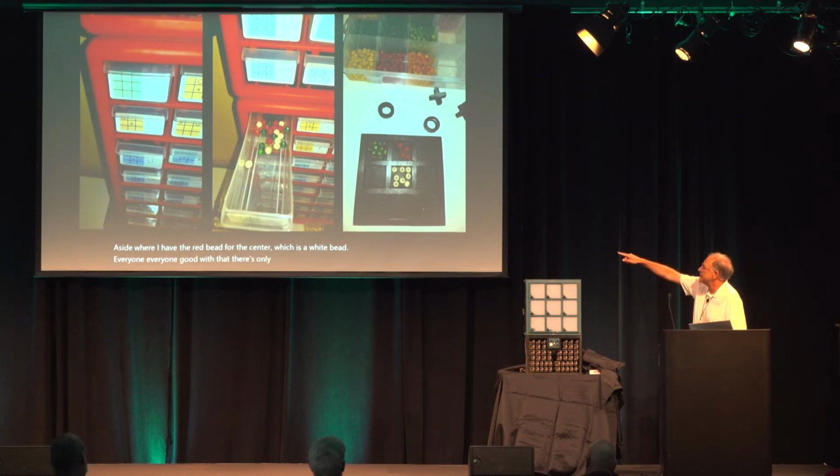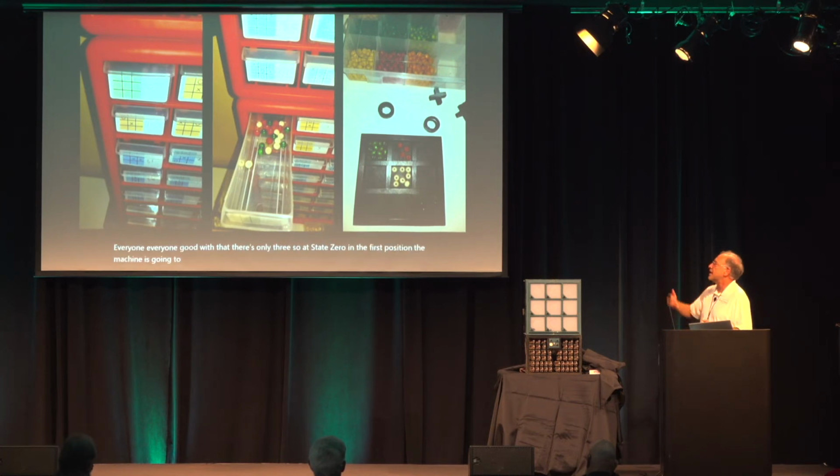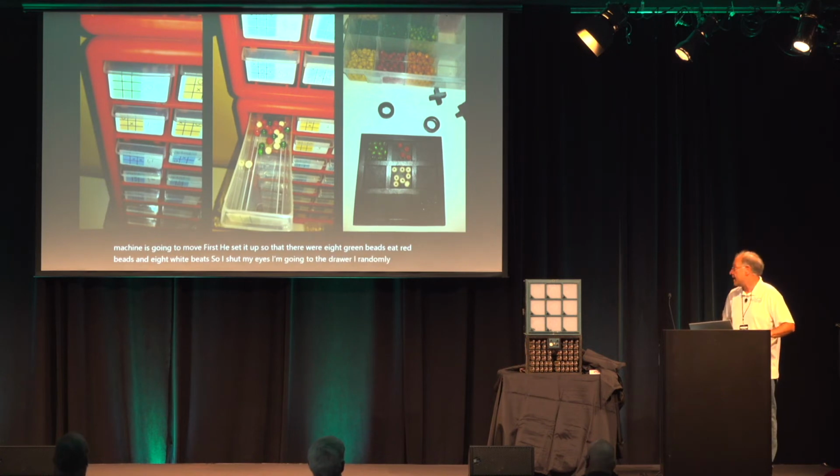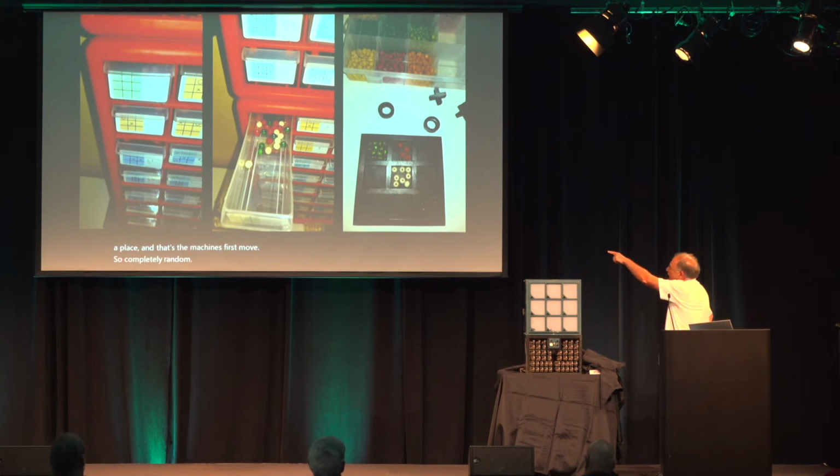So at state 0, in the first position, the machine is going to move first. He set it up so that there were 8 green beads, 8 red beads, and 8 white beads. So I shut my eyes, I go into the drawer, I randomly pick out a place, and that's the machine's first move. So completely random. I put the X wherever it comes out.